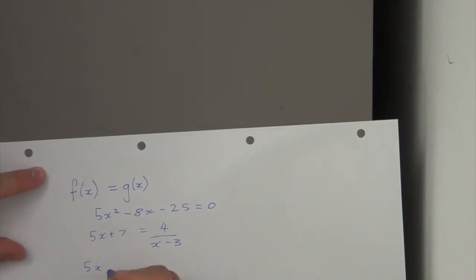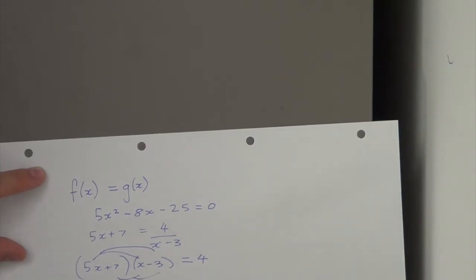Well, I multiply 5x plus 7 by x minus 3 and that equals 4. Expand these out, so this becomes 5x squared minus 15x plus 7x, 7 times minus 3 is minus 21, and I'm going to minus 4 as well, equals 0.